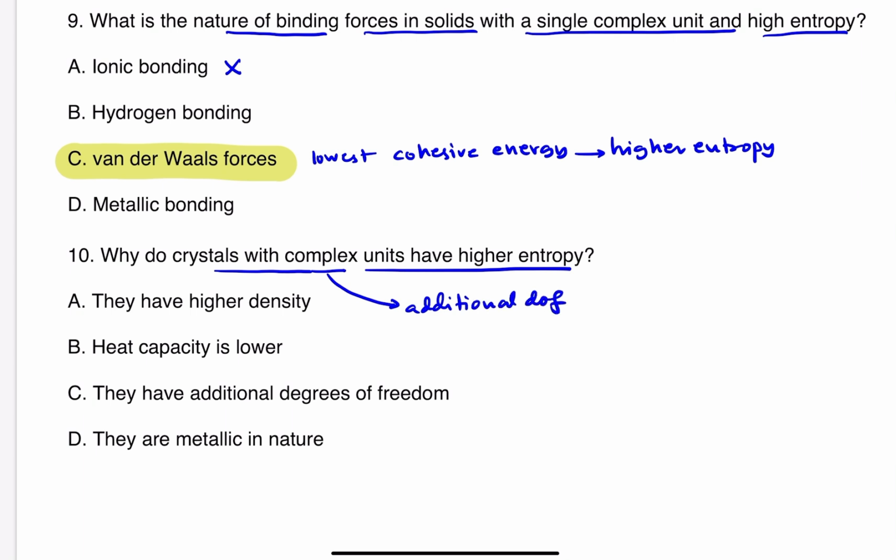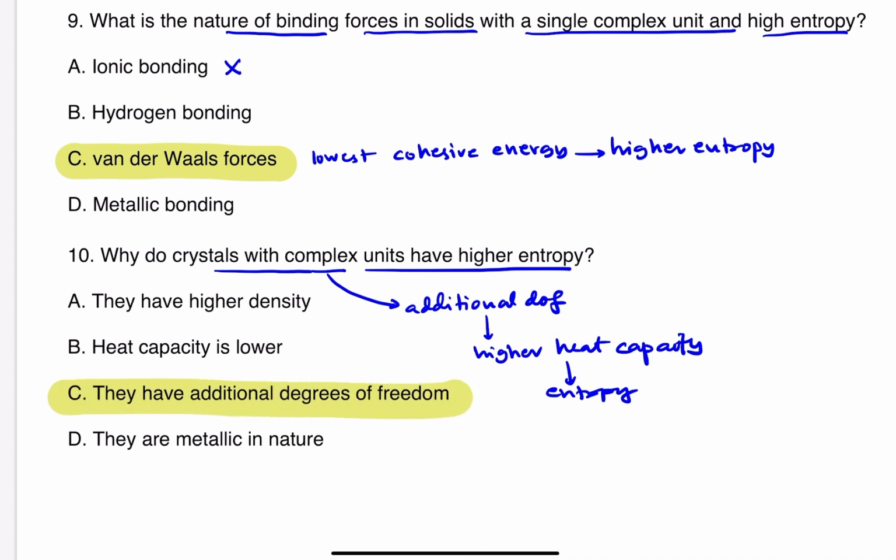So it will have higher heat capacity, and you know that heat capacity and entropy are directly proportional, so it will be higher entropy. So basically the best option will be C. They will have additional degrees of freedom, leading to higher heat capacity, more randomness, and more entropy. So that's all about the 10 outstanding problems of entropy that will be very helpful for you in JEE Main and JEE Advanced. Thank you.